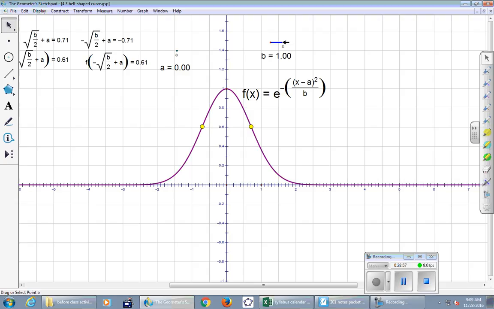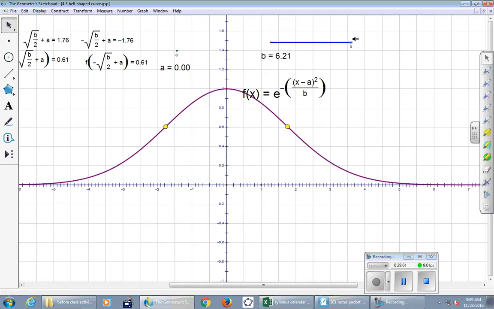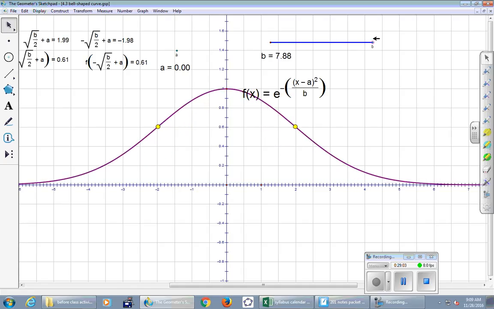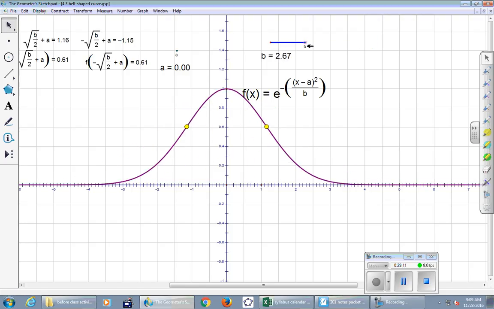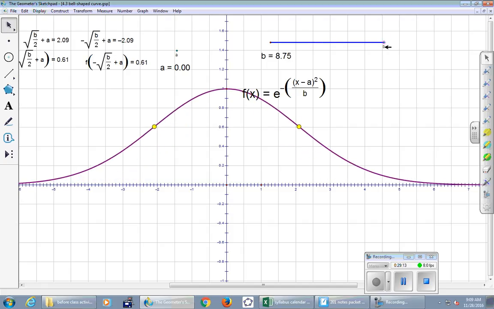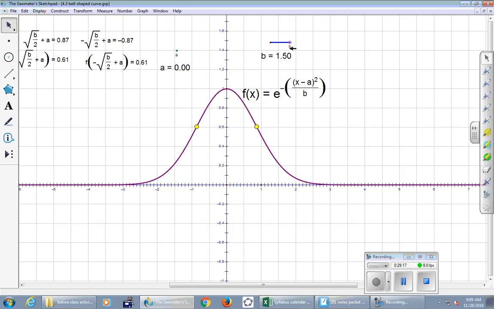And if I take b and make it bigger, you can see what happens to the location of the inflection points. They just get farther away from the origin. That's fine. What is a little bit surprising is that the y value for those inflection points never changes, which is not something we discovered.